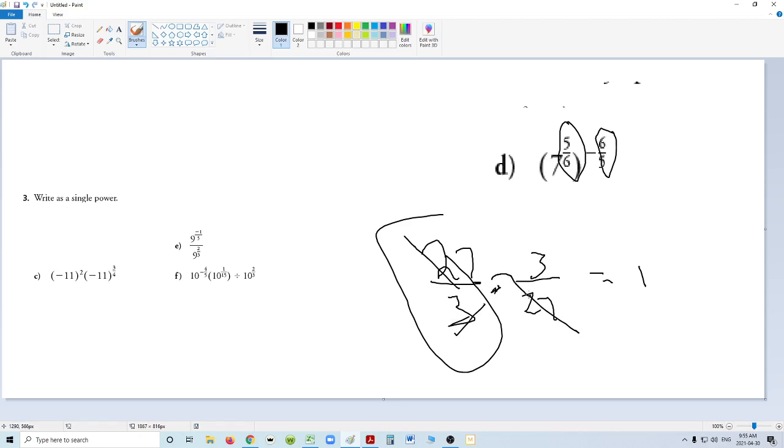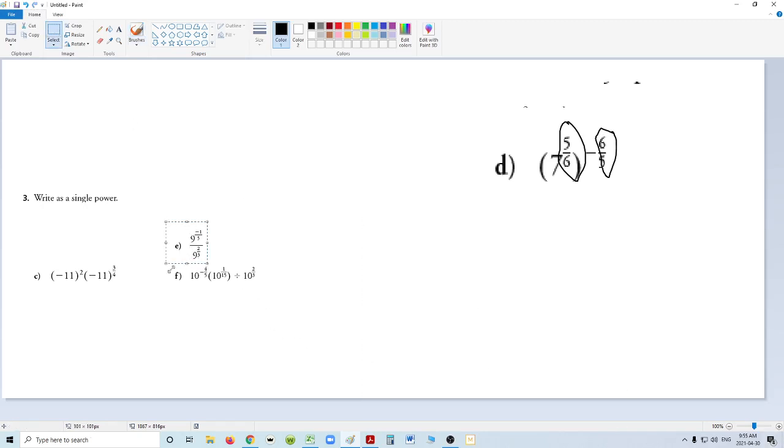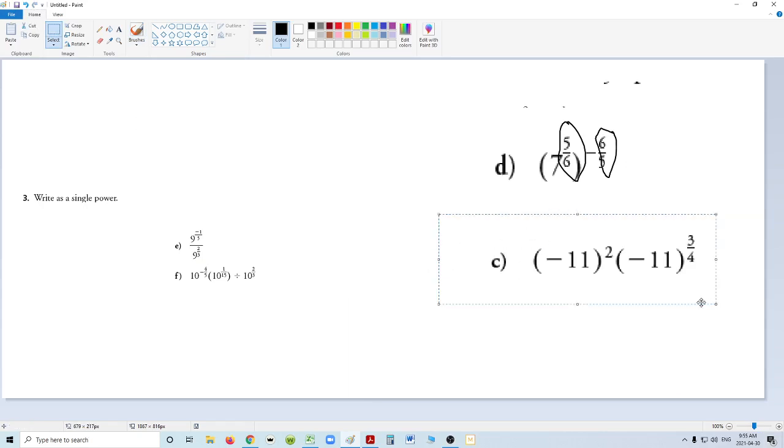Whenever you're multiplying and dividing, the operations can always be done in any order you want, as long as there's no brackets or anything else in there. So always remember you can only add exponents when the bases are the same. These bases are both minus 11, so I can add their fractions. So 2 3/4 is the same as 8 over 4 plus 3 over 4, which is 11 over 4.